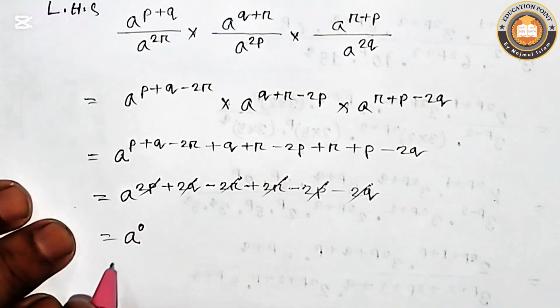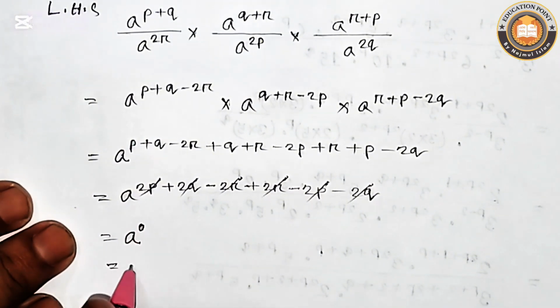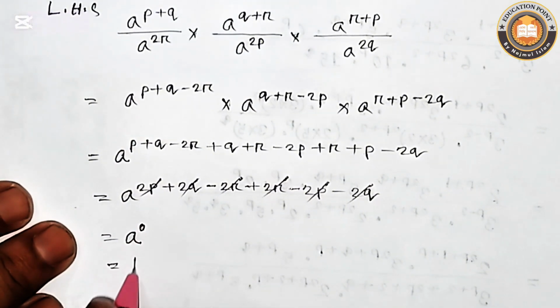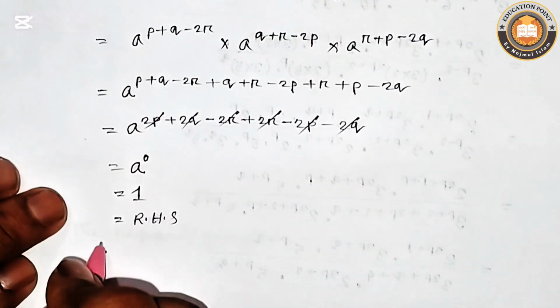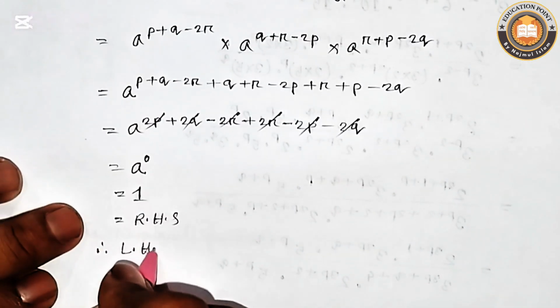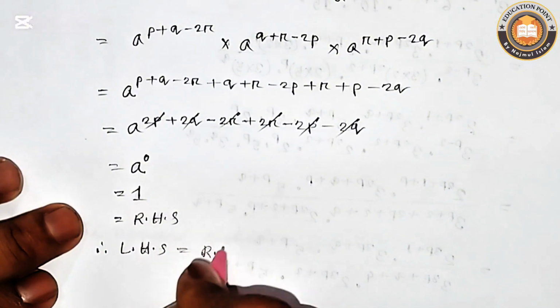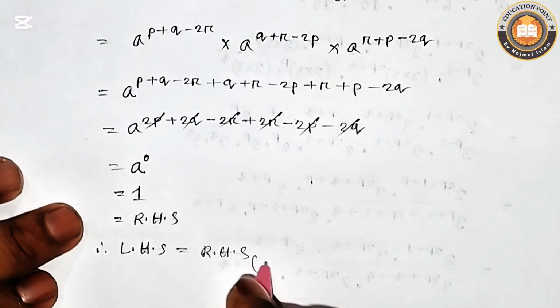That means a power 0 equals 1, which is the right hand side. So left hand side equals right hand side. Proved.